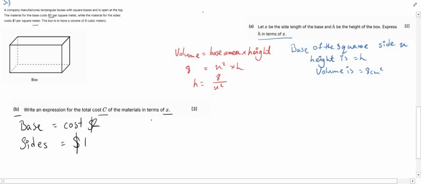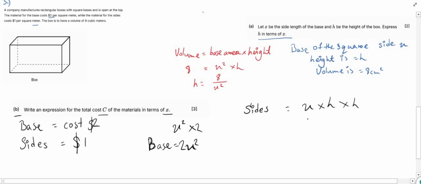We have the area of the base, which is x square, and the cost for the base is $2, so it will be multiplied by 2, which is 2x square, the cost for the base. And for the sides, the side is x and the height is h, and the cost is $1.